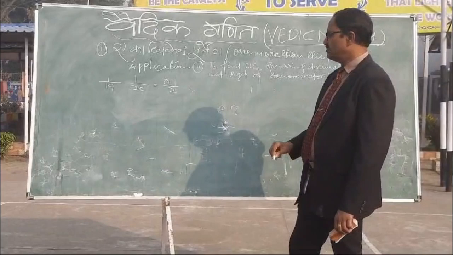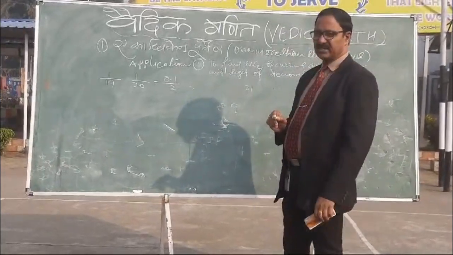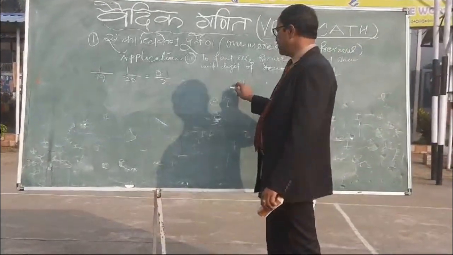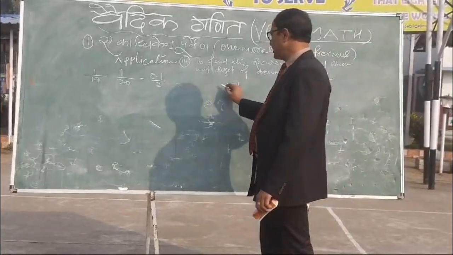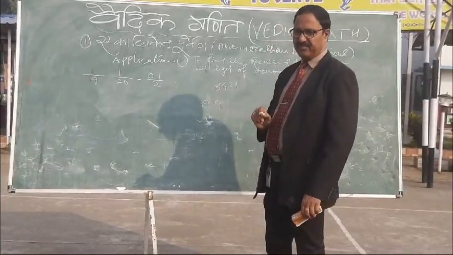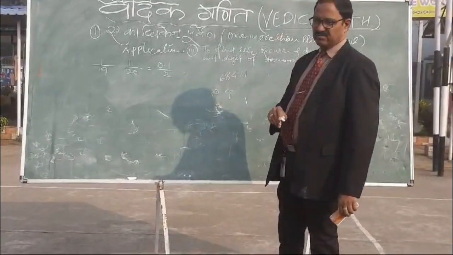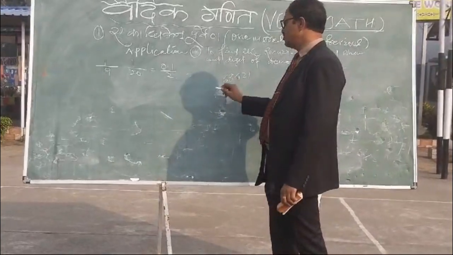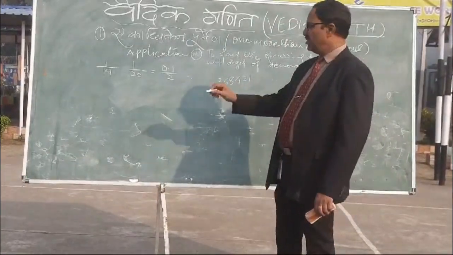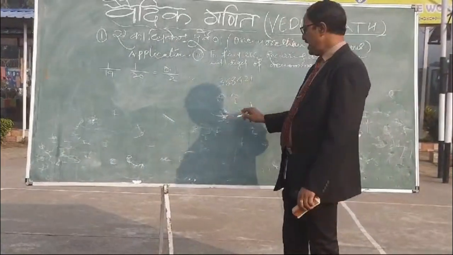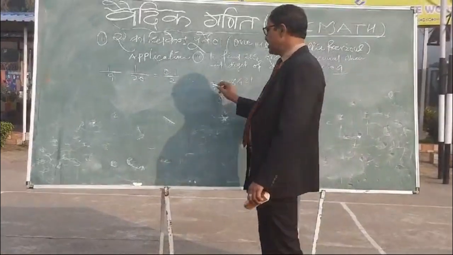Now see. 2 multiplied by 1, that is 2. Very simple. 2 multiplied by 2, that is 4. 2 multiplied by 4, that is 8. 2 multiplied by 8, that is 16. Carry 1. 2 multiplied by 6, 12, and 1, 13. Carry 1. 2 multiplied by 3, 6, and 1, 7. 2 multiplied by 7, 14.